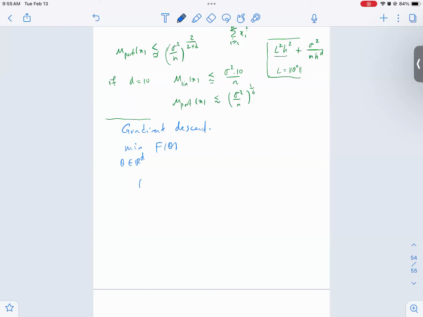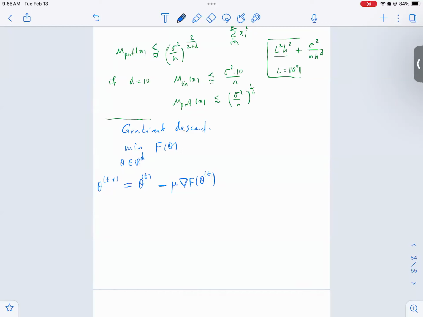You have an estimate at time t, and you have the gradient of the function at time t. There's a step size, usually a small number, that I multiply by, and this is the negative direction. I add that to theta, and this gives me the new estimate.